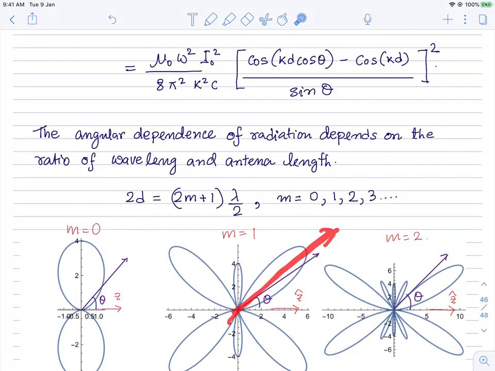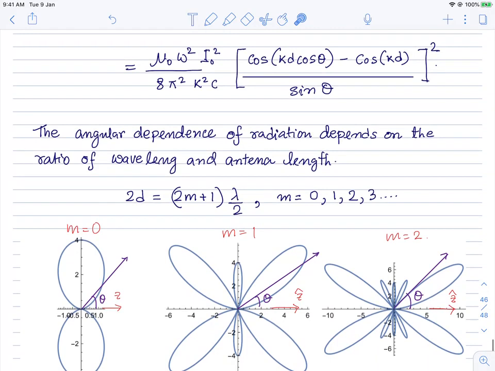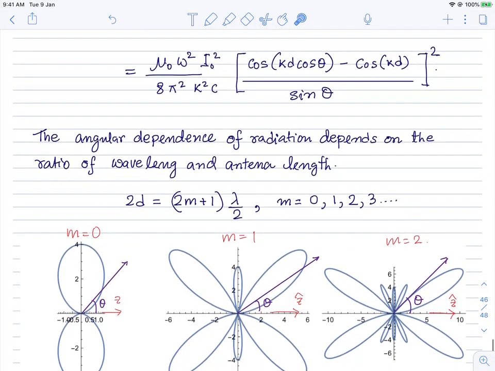So if you now want to absorb radiation, you orient the antenna along this direction. Orient the antenna meaning what? If I orient my z-axis along this direction, then maximum absorption will be happening in this direction.